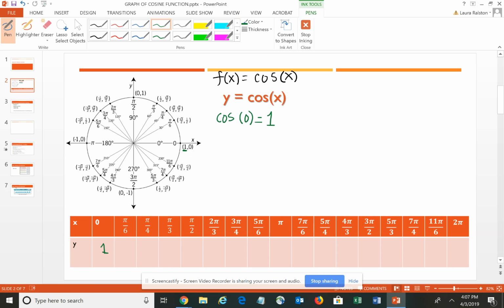Okay, then we continue the rotation. Cosine of pi sixth, again, we would look for the angle measure of pi sixth and then look at the x coordinate, which is the square root of 3 over 2.